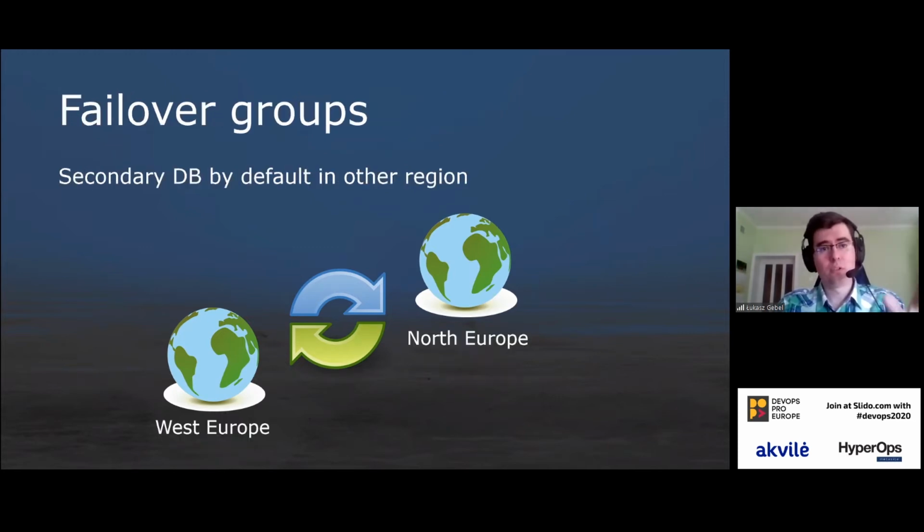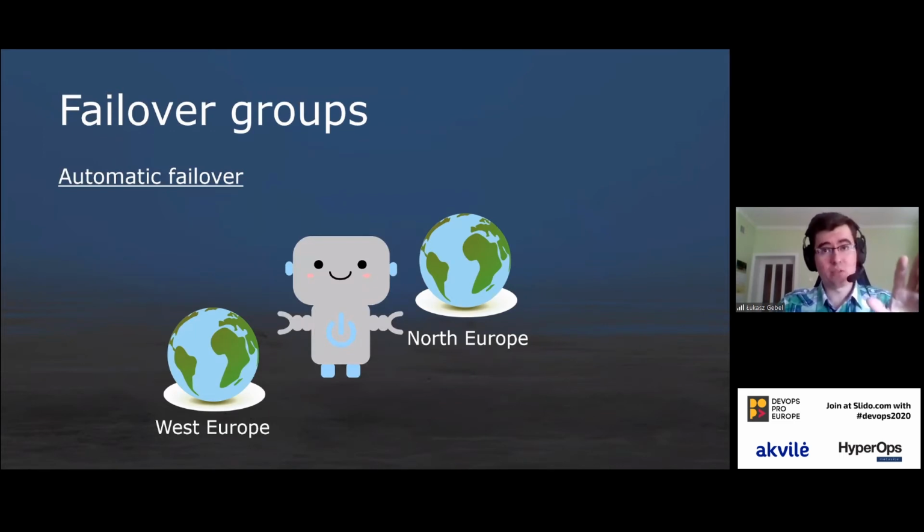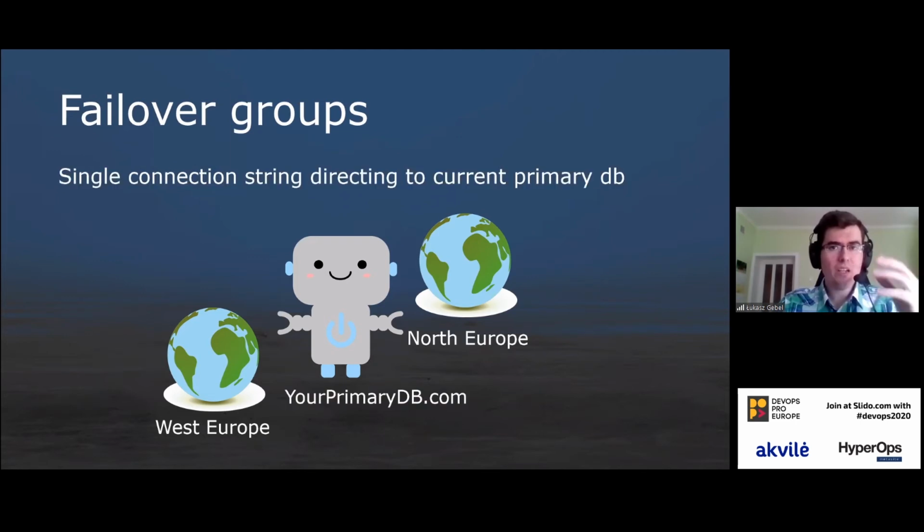So we went for failover groups. With failover groups, you've got a similar setup, but your secondary database needs to be in a different region. And you get a really cool feature called automatic failover. It's like a robot which switches the primary to secondary in case of failure. And you get one connection string, which always points to the current primary database server. So it seems cool.